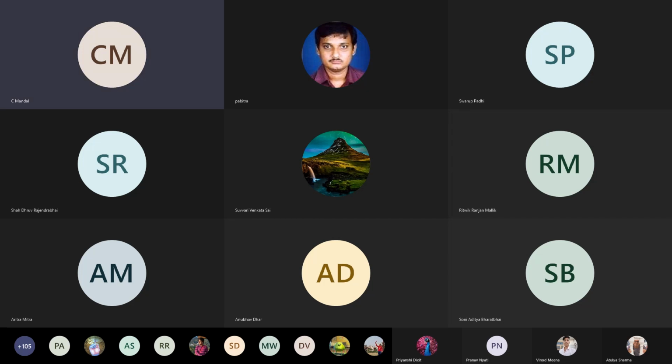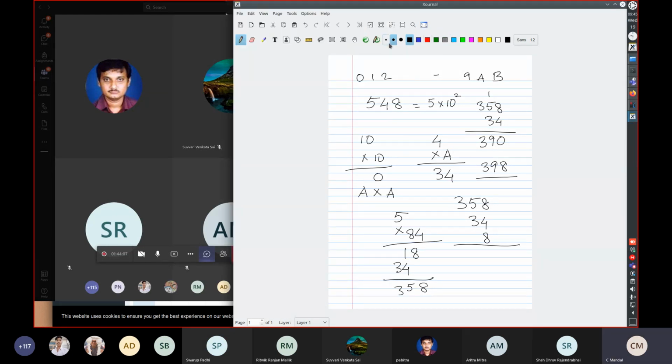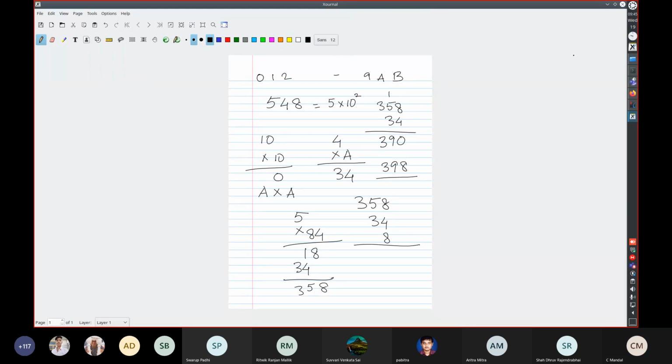Okay, I'm just sharing my screen. Are you able to see my screen? Yes, sir, we can see. So yeah, it is 548. Just leave this part.